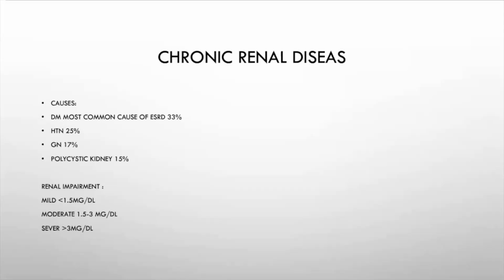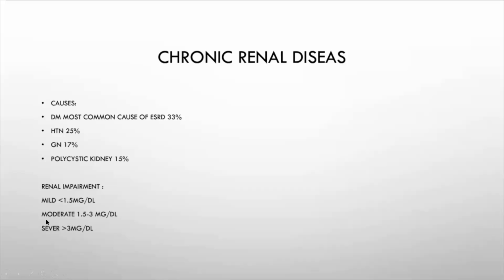Mild impairment means if the creatinine level is less than 1.5 milligram per deciliter. Mild means not that severe, a slight impairment or dysfunction of the kidney. That is termed as mild, if the creatinine level is less than 1.5 mg per dl.